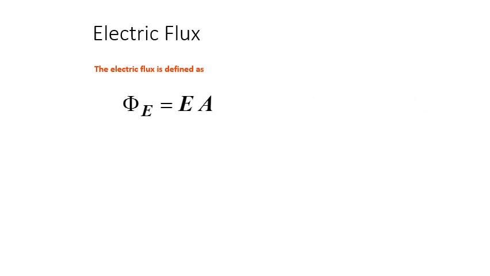The electric flux is defined as E into A. If you have chosen area A to pass the field lines, then this is EA.